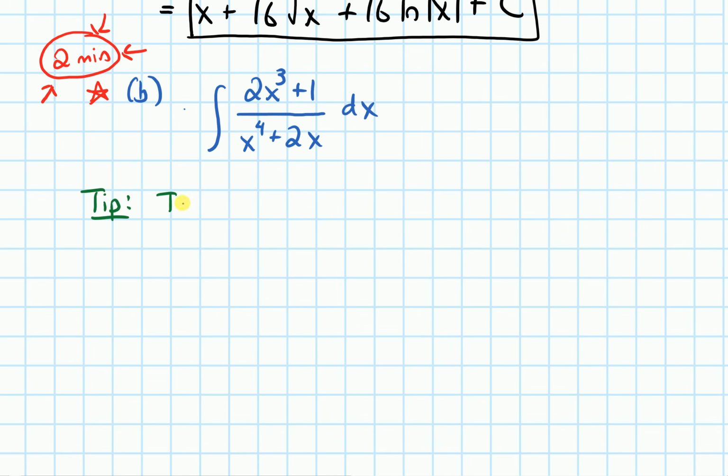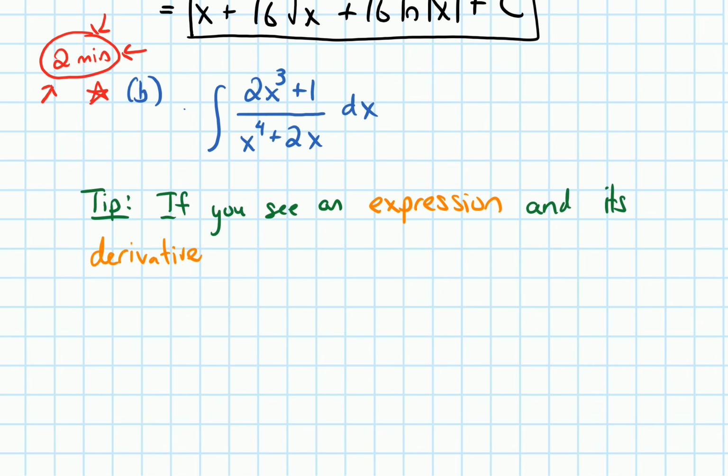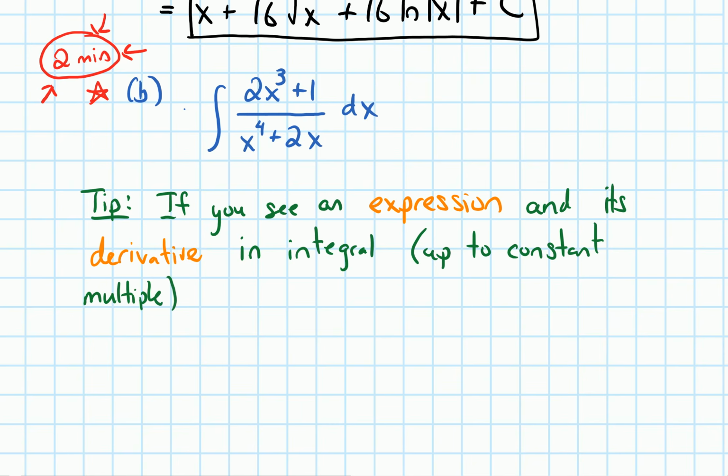If in our integral you see an expression and its derivative in the integral, and with the derivative it's okay if you see it up to a constant multiple, so if it's off by a constant multiple, that's okay, we can try U-sub. This is often an indicator that U-sub may be helpful.